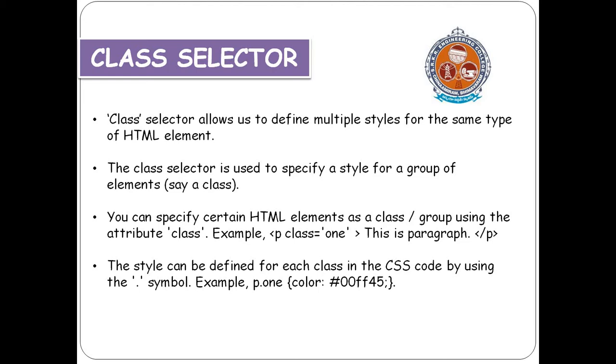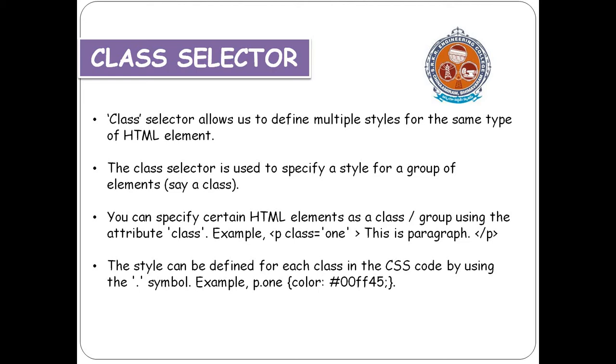In the HTML page, for example, if you create p class equals 1, here the class is 1, and this is the paragraph. What are the class properties of 1 that can be applied to this paragraph? The style can be defined for each class in the CSS by using the dot symbol. So whatever classes we have in our CSS are defined with the dot symbol.